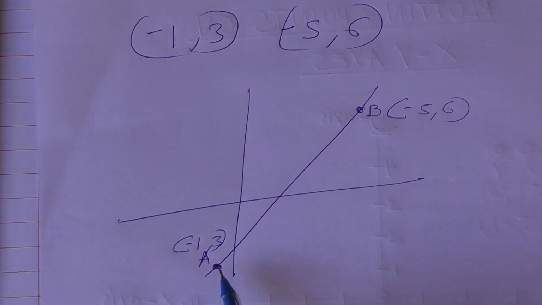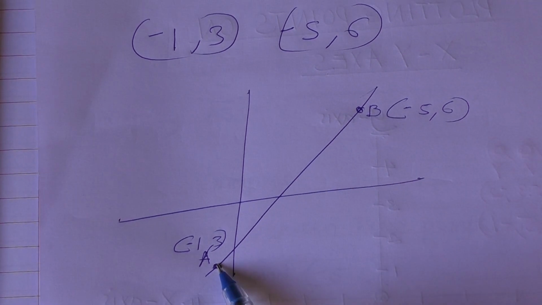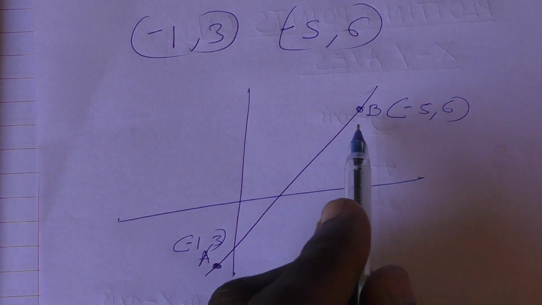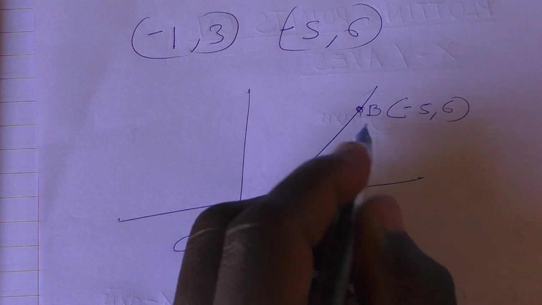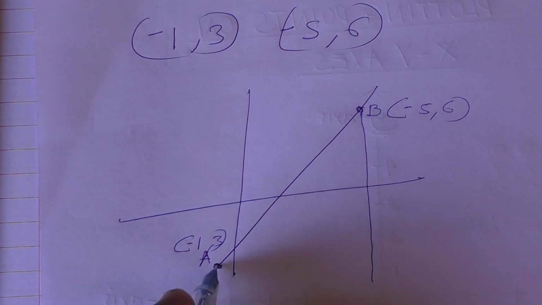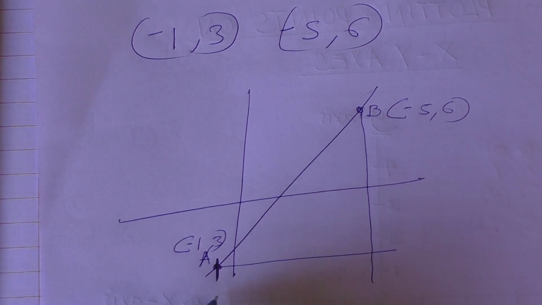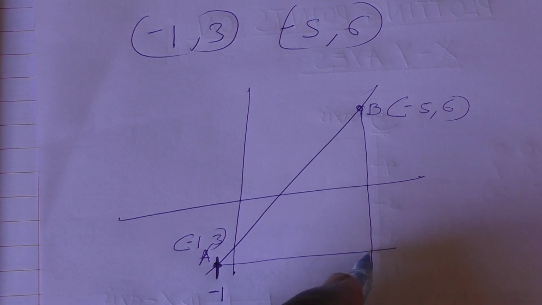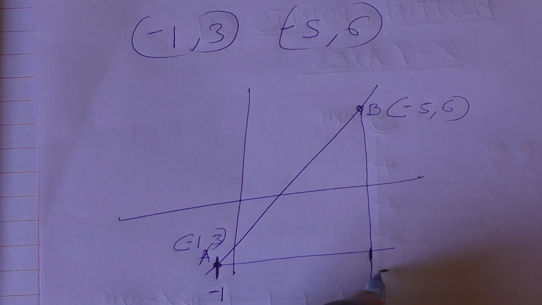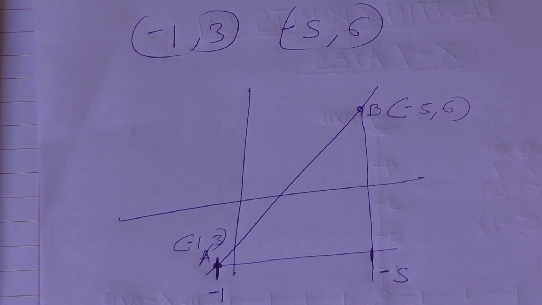So for us to find the length between point A and point B, we can project point B and point A, meaning this is at negative 1, this is at negative 5.